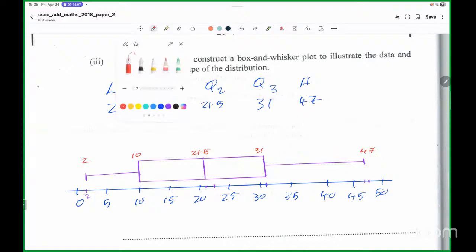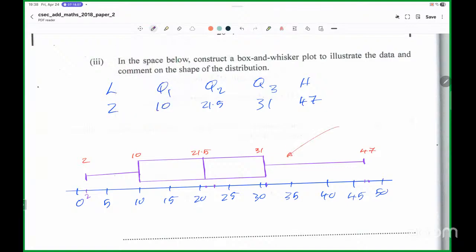Put the arrow point and write: the data is positively skewed because of the whisker.